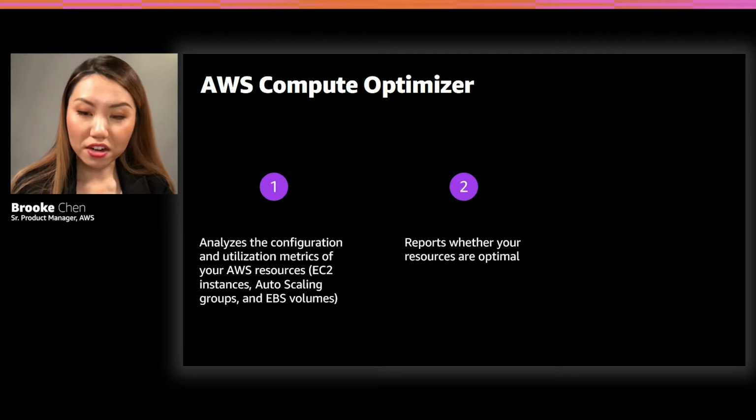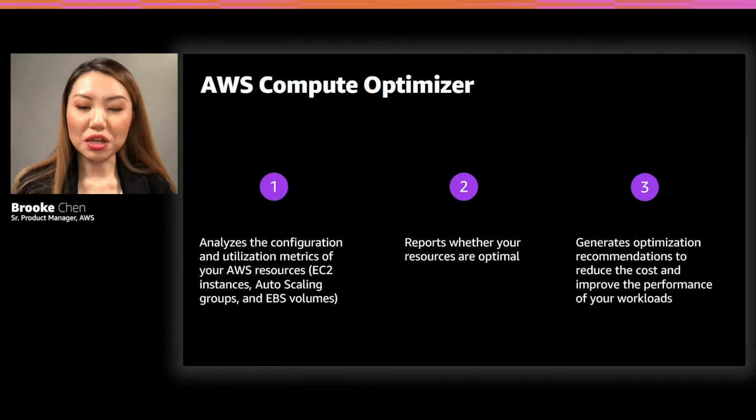We automatically monitor and analyze the metrics from your accounts, so you can quickly discover ongoing opportunities to optimize. Our vision is to help you operate your workloads efficiently on AWS. By taking advantage of Compute Optimizer, you can reduce your AWS costs by up to 25%.